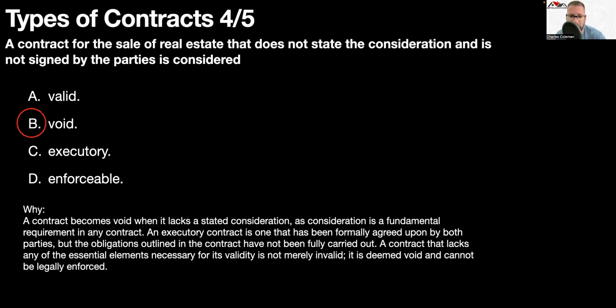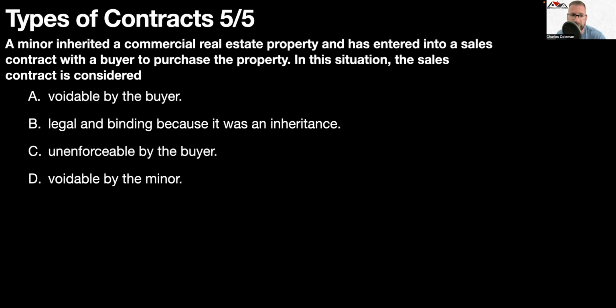An executory contract is one that has been formally agreed upon by both parties, but the obligations outlined in the contract have not been fully carried out. A contract that lacks any of the essential elements necessary for its validity is not merely invalid, it is deemed void and cannot be legally enforced.